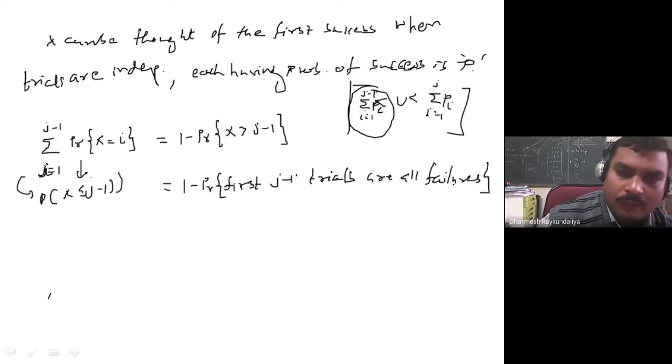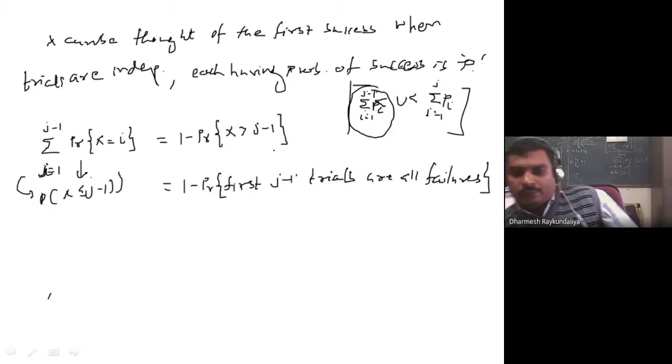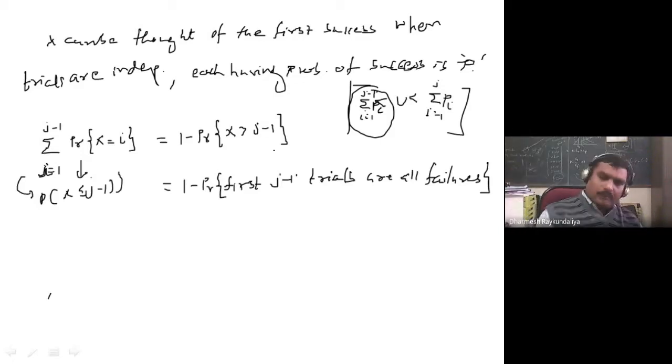Okay? Why? Because I am going beyond the j minus 1 trial. As I said, in geometric distribution the last trial must be the success. As soon as you get the success, the geometric trials are over. You need not go for the trials again. So you have to apply the trials beyond the j minus 1.